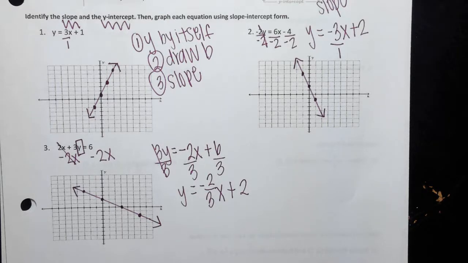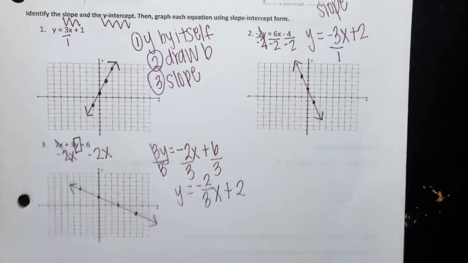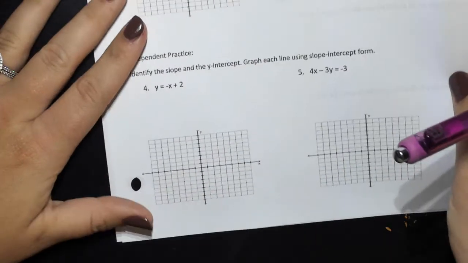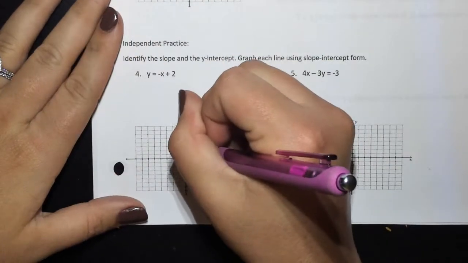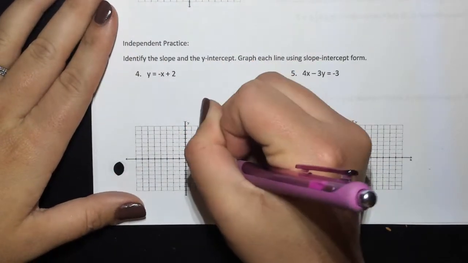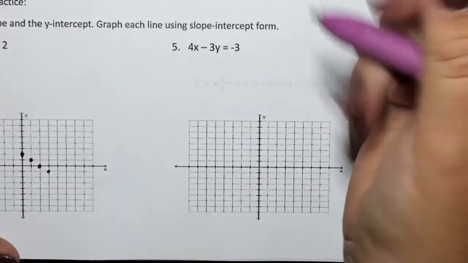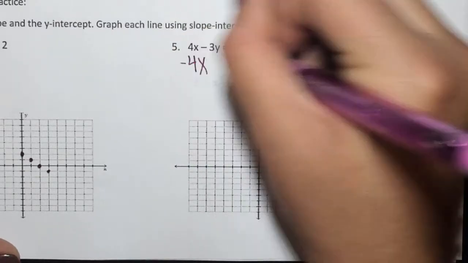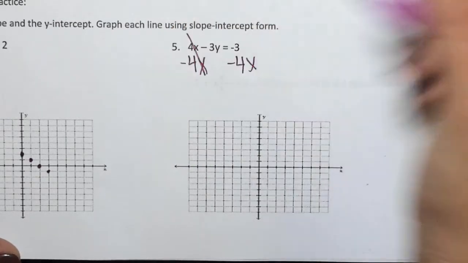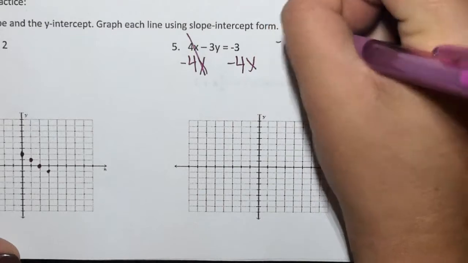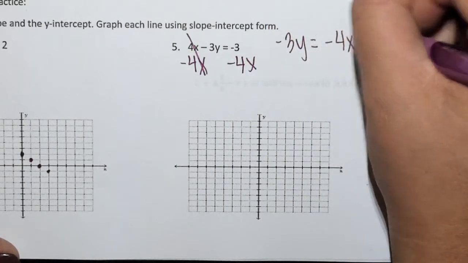Okay, so a lot of you got the first one. You started at positive 2, and then you went down 1 over 1 because it was a negative 1 slope. And then you connect your dots. But number 5, you had to subtract 4x from both sides. So this cancels out. So you had negative 3y equals negative 4x minus 3.